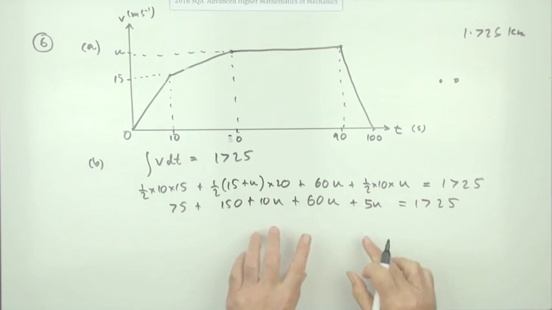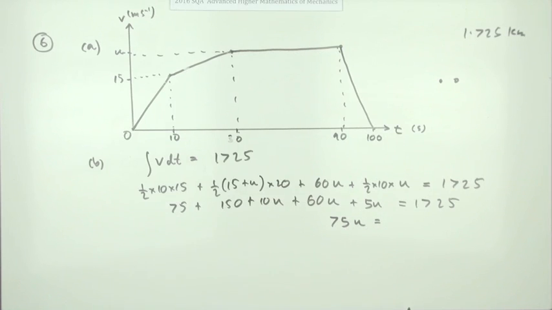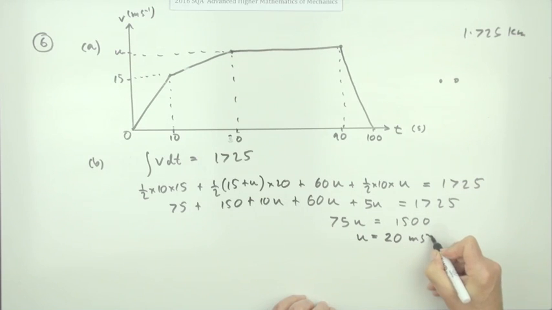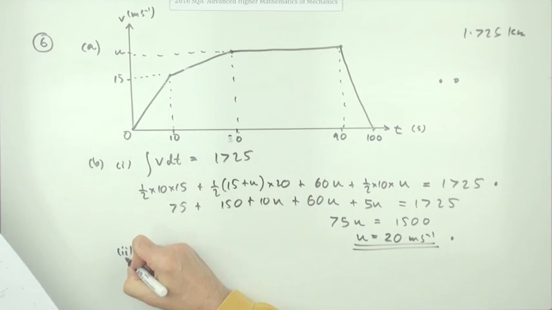Tidy up the u's and you've got 75u equals, now quite nicely that's 225, so that just leaves 1500. 75 is a half of that, so u equals 20 metres per second. Now that was worth 2 marks. There was 1 for the answer, and there was 1 for adding up the areas and equating it. So there's 4 marks, but there's 1 more mark because there's a part 2.